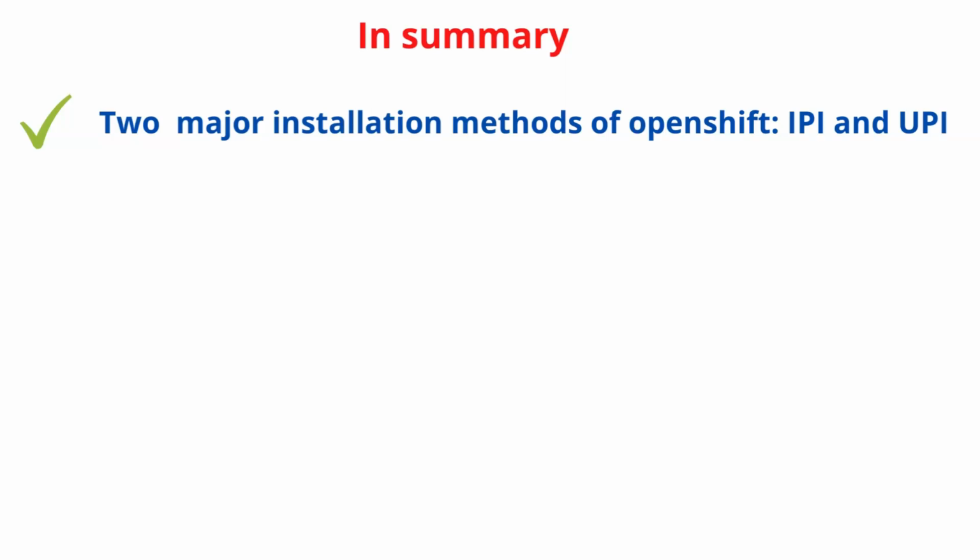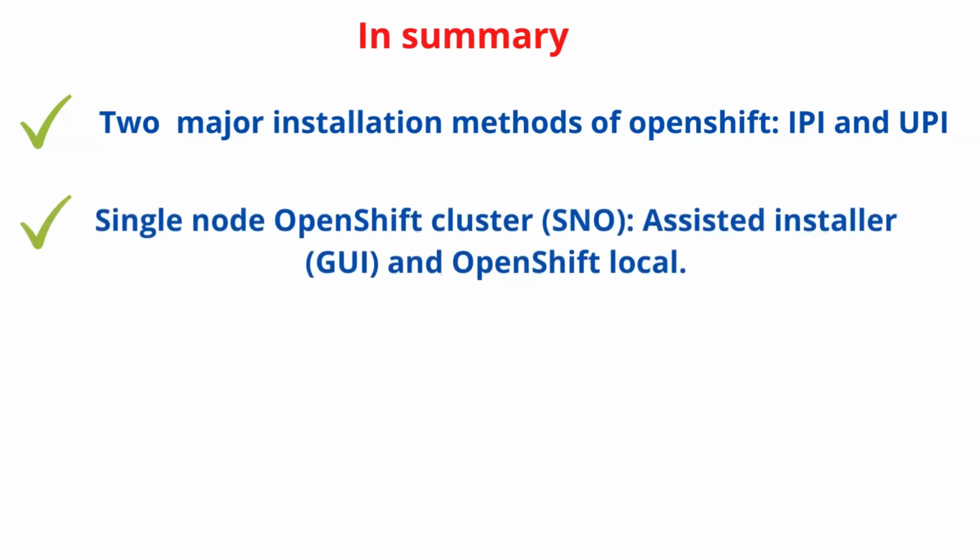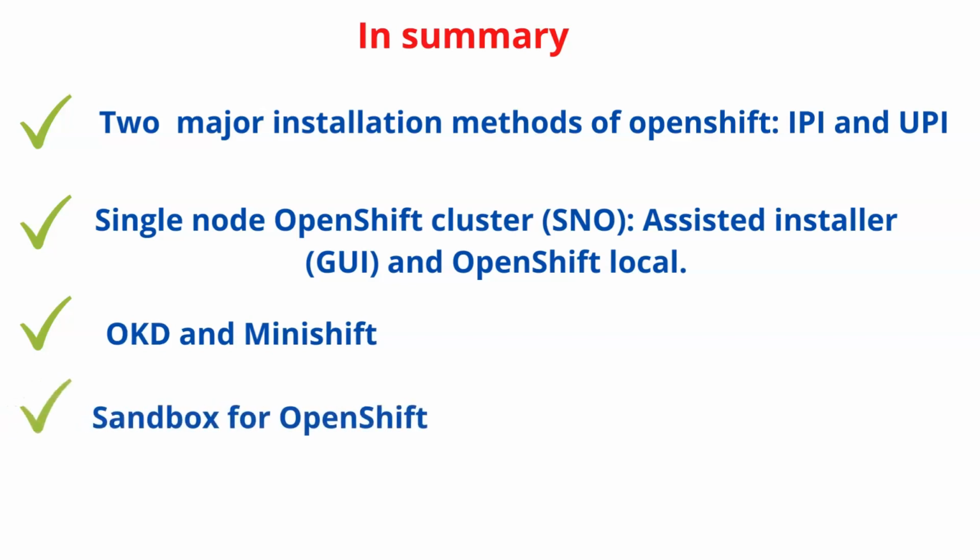We also discussed the single node OpenShift cluster using the assisted installer and using OpenShift Local. We also discussed OKD, which is the community version of OpenShift, and Minishift, which is used to run the single node OKD cluster. And we also discussed the Sandbox for OpenShift, which means you can use OpenShift without setup or configuration.